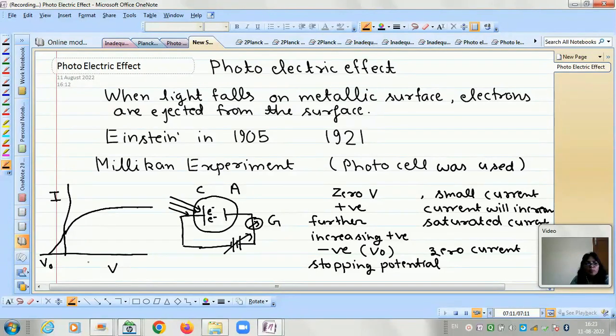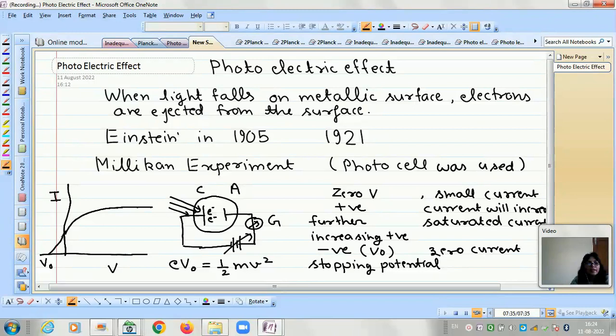So the energy corresponding to the stopping potential is eV naught in the negative direction. So that will overcome the kinetic energy of the electron. When there is zero potential, the electrons have some kinetic energy, which is the natural kinetic energy of the ejected electron at the time of ejection.